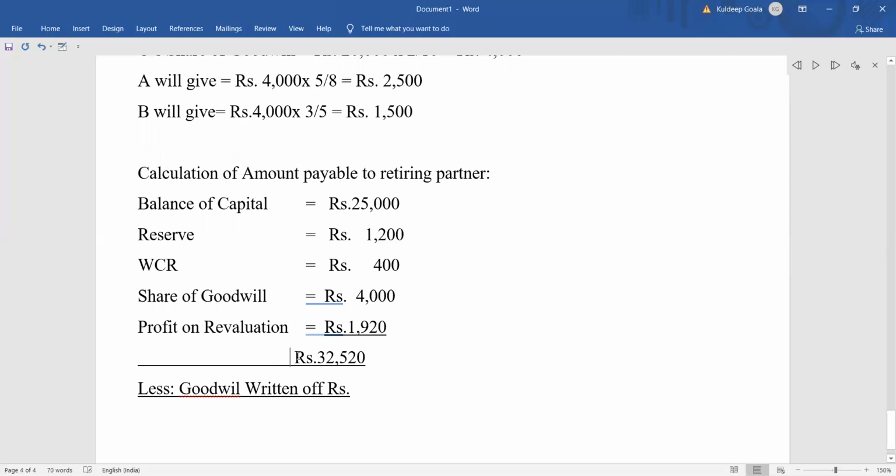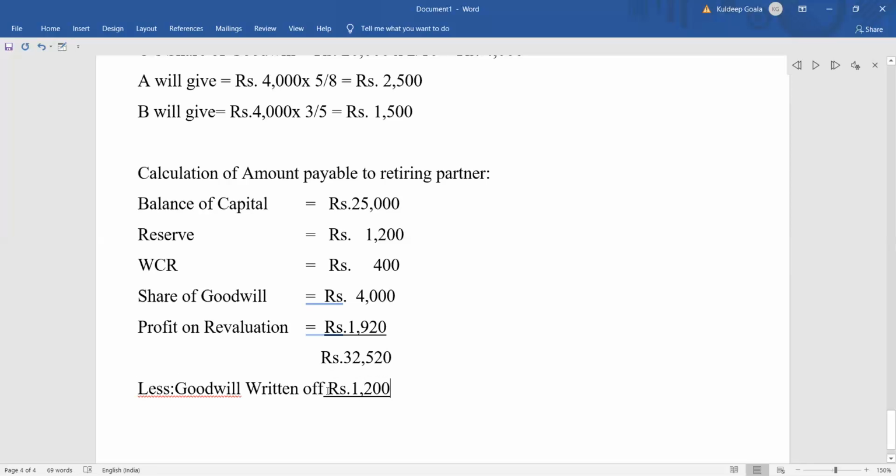Okay, so what was the goodwill written off? It was 1,200. We already saw that it was 1,200. Clear? So this line is not required here. This is also not required. So what will be the amount written off?